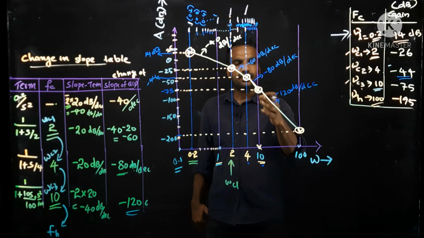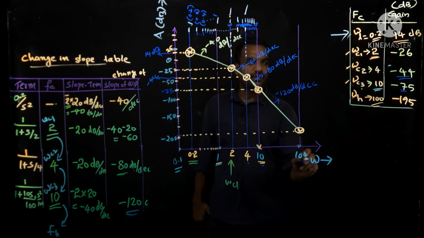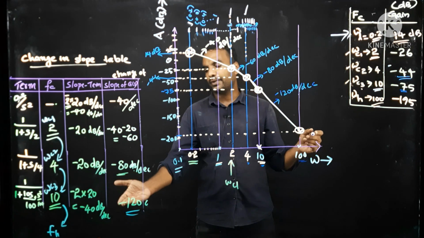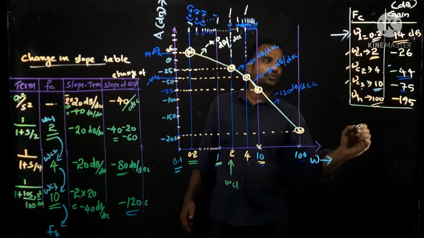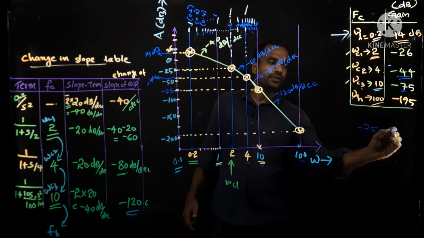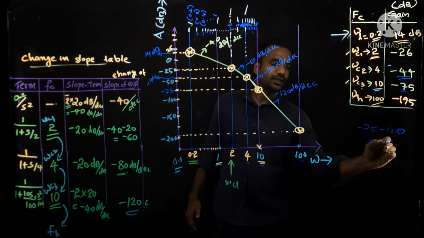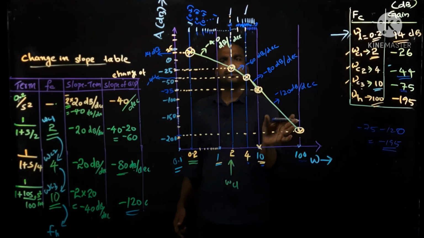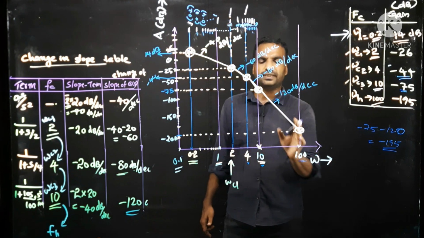For example, here at 10 it is minus 75. What will be at 100? You don't need to calculate because the slope will be minus 120 per decade, and it is a perfect decade. So minus 75 minus 120, you will get minus 195. That calculation can also be done here and here in the first two stages.